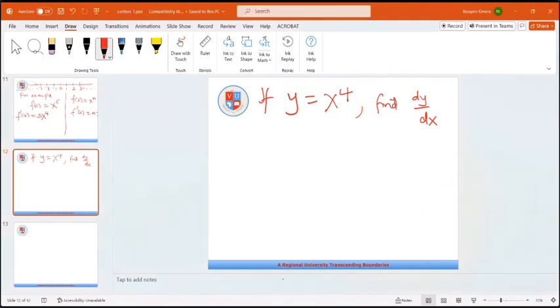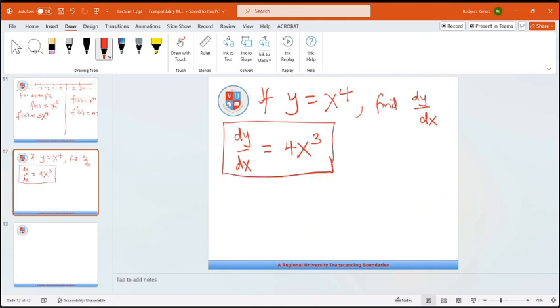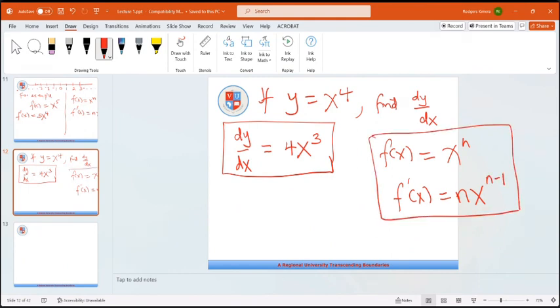You realize we are using the same approach. dy dx is equal to 4 x power 3. We are not interested in first principles showing how you multiplied and subtracted. It's just important to master the concept that if I have x power n, to get the derivative, I multiply by the power and then reduce the power by 1. Once you get this by fingertip, this is what we call the power rule.